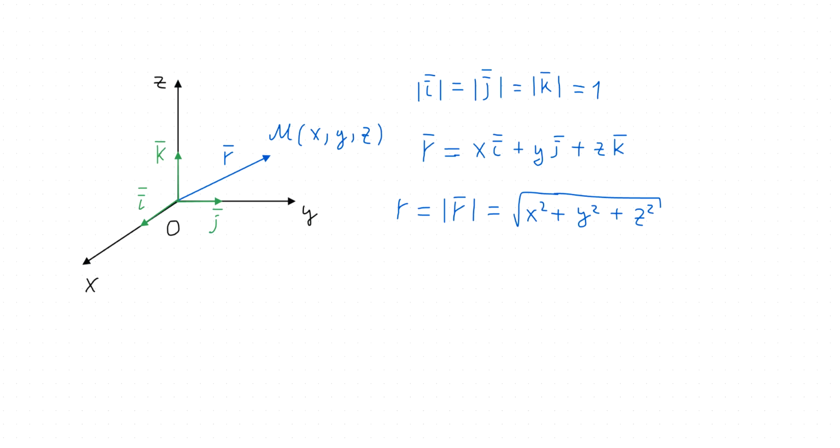So we can write that x is a function of time t, and in the same way, y is a function of time t, and z is a function of time t.